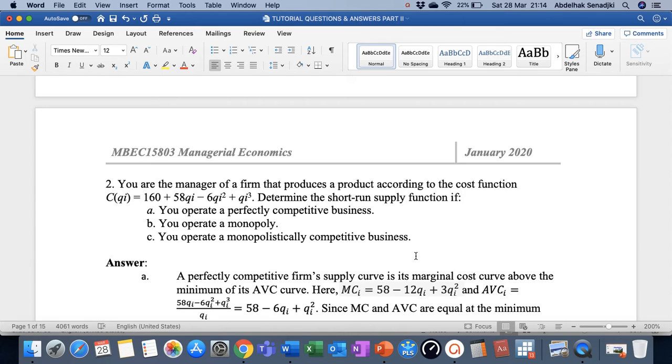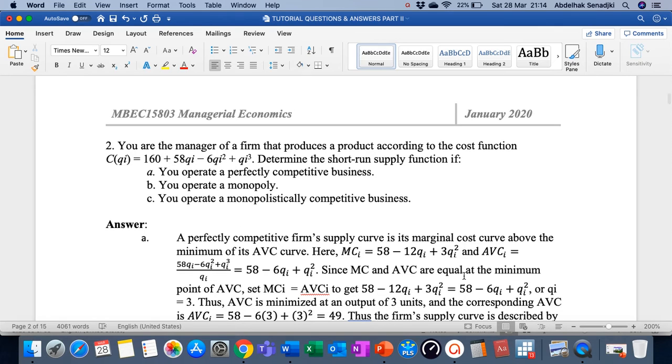Since the supply is itself the MC, we can calculate the marginal cost. So the marginal cost equals 58, then minus 2 times 6 gives 12 Qi, then plus 3 times Qi power 2.